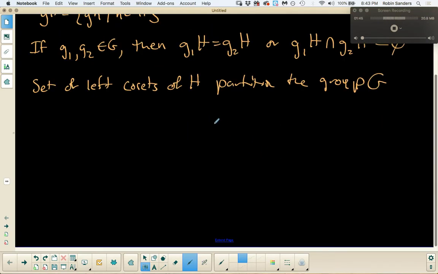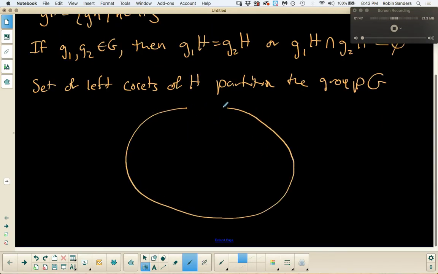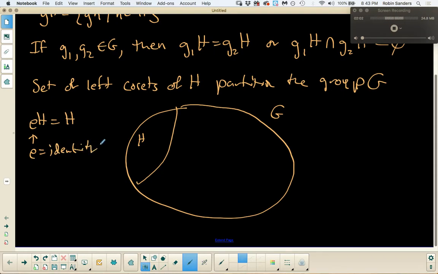If I just have a great big glob for G, and I put H over here, it's important to remember that the left coset eH is just H, where e is my group identity element, because the group identity of any group has to be inside all of its subgroups.